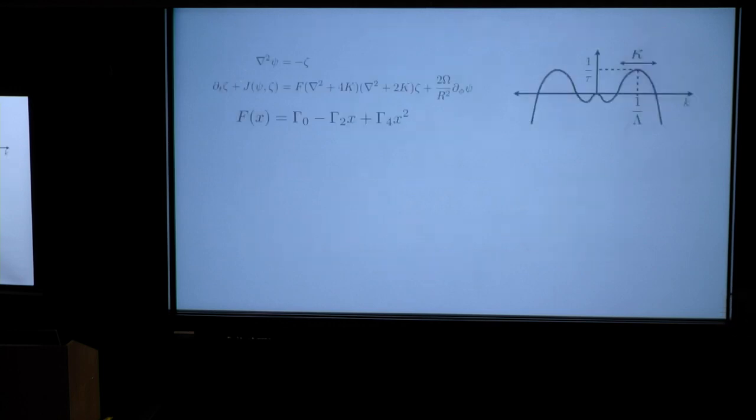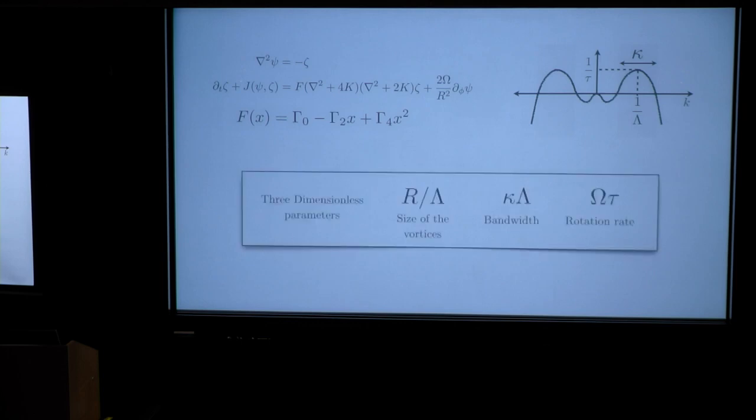Right? So our equations are these. Again, I want to remind you of this dispersion relation. And essentially, we have 5 parameters. So we have these gammas, we have the rotation, we have the radius of the sphere. And what is actually important is these 3 dimensionless parameters, which I'm going to be using in this talk. Right? So what is important is, firstly, this ratio of R and lambda.